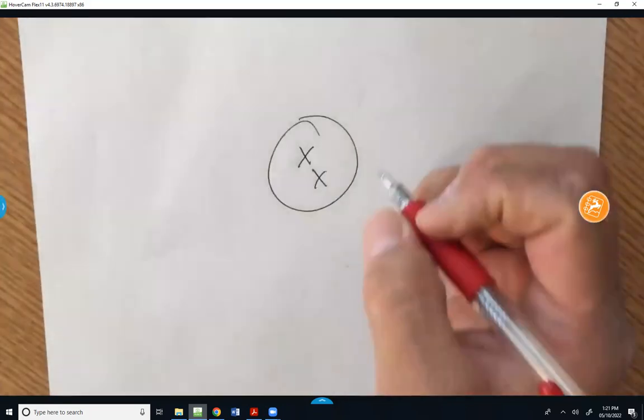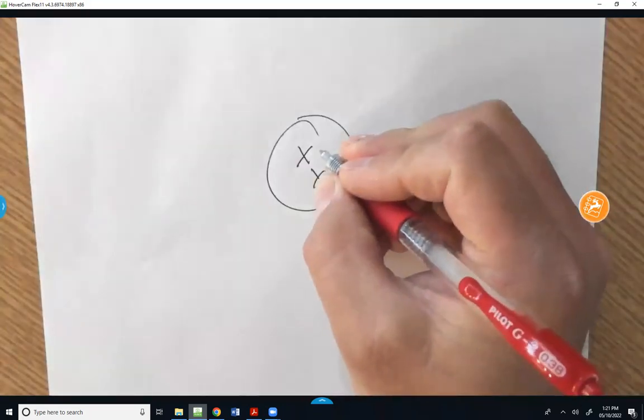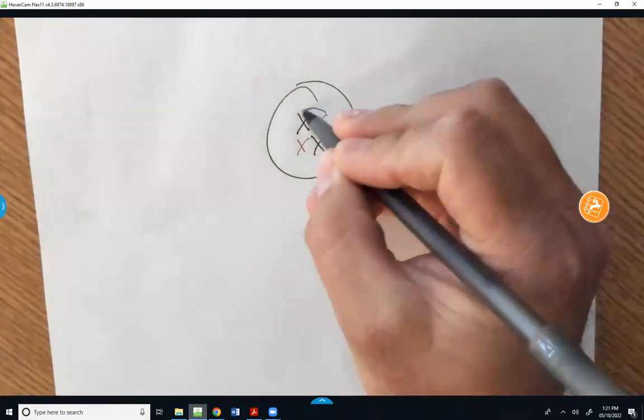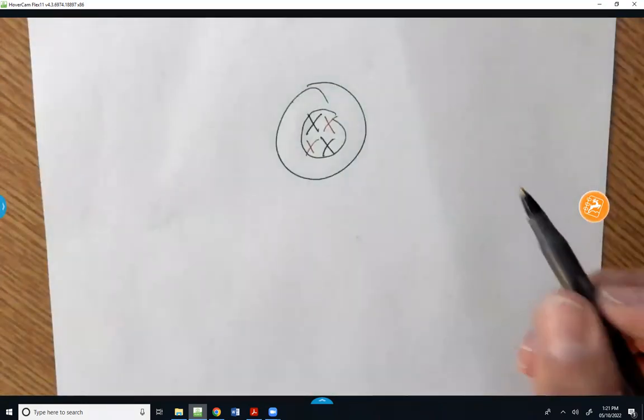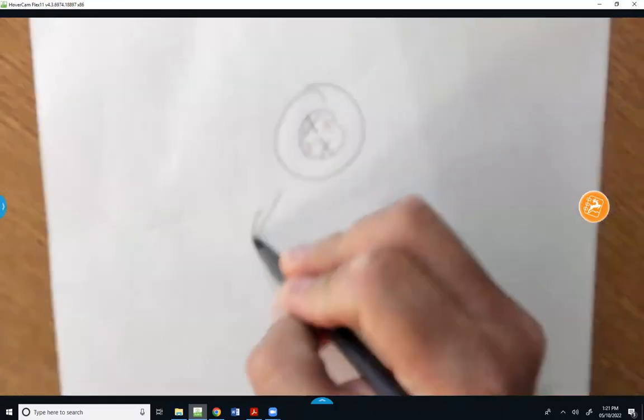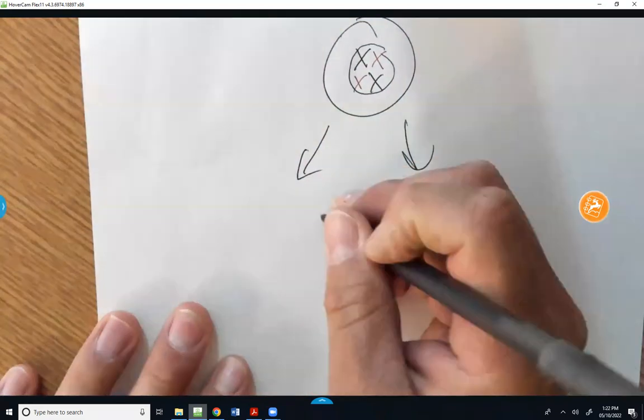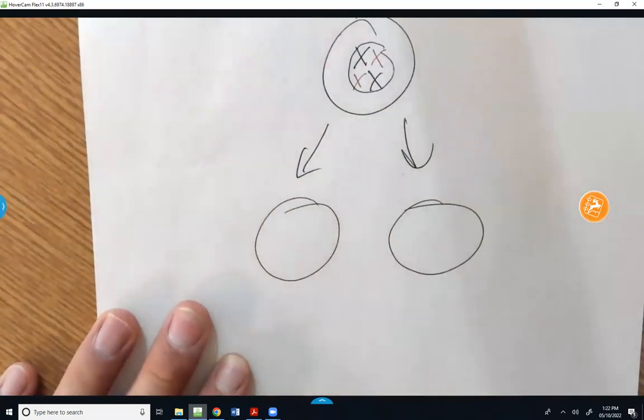I'm gonna draw the black representing paternal chromosomes and my red representing maternal chromosomes, okay. So here's our cell with the nucleus as it starts, and then as that dissolves, we then do the crossing over and all that wonderful stuff. We end up with 2 cells, okay.